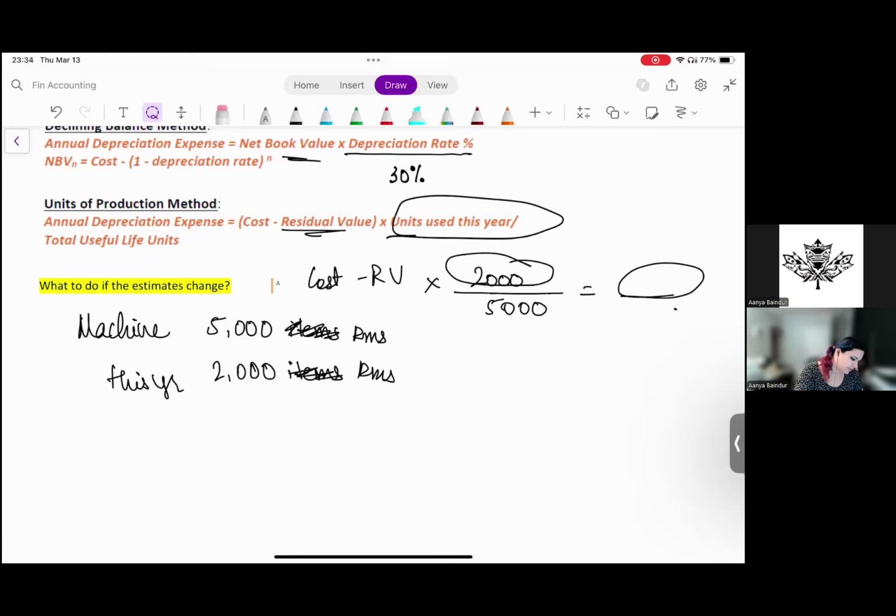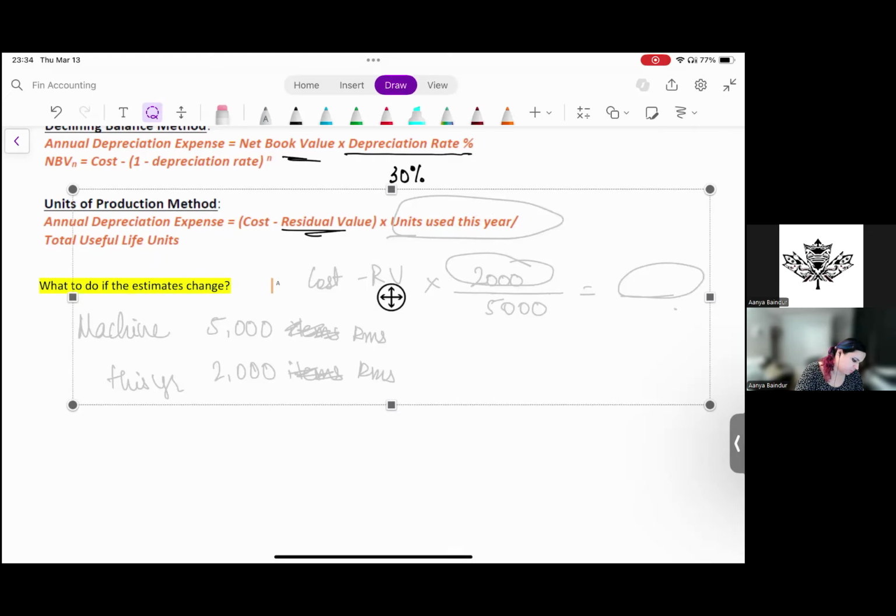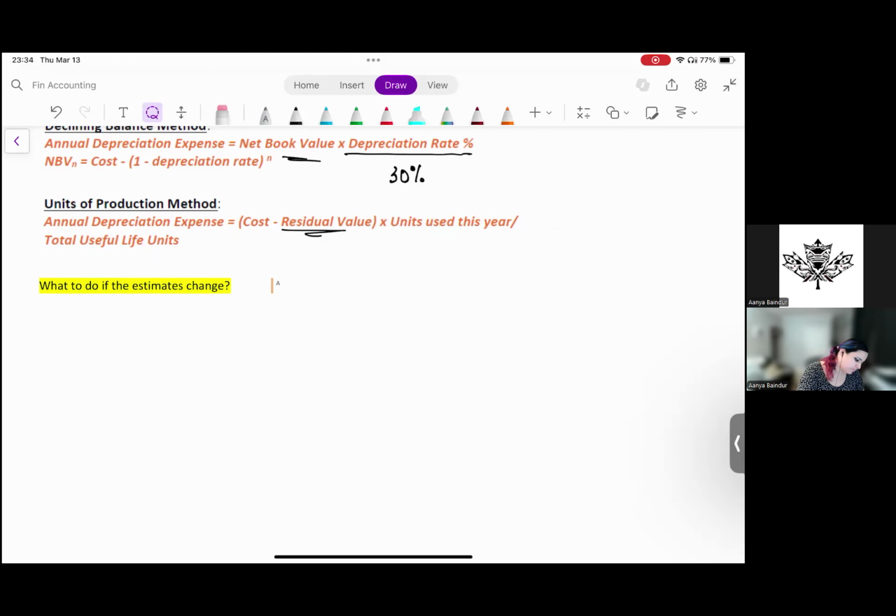Now here's another topic that we'll have to deal with. What are we to do in case the estimates change? So let's say year one, year two, year three, year four, and year five.